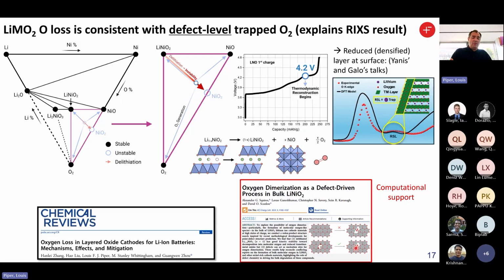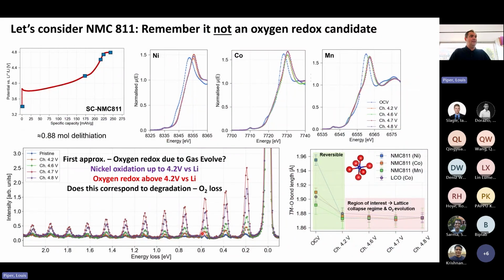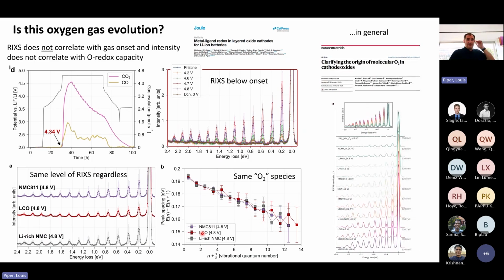And so that would also rectify with the view that we do see evidence of these O2 molecules right from the start. It can be associated with not just beam-induced damage, but also the defects associated with the material.